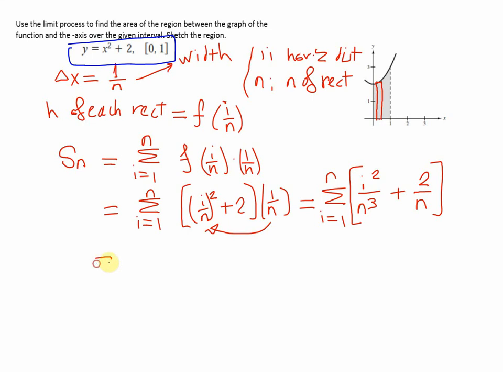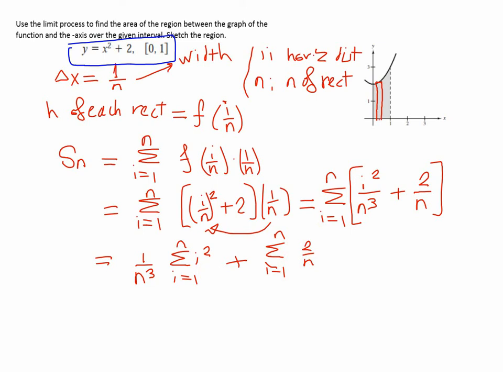This will give us 1 over n cubed sigma i squared plus sigma from i equals 1 to n of 2 over n. But remember, this is constant. So when we find the sigma, we just multiply it by n. So this part will be 2 over n times n, which is 2.